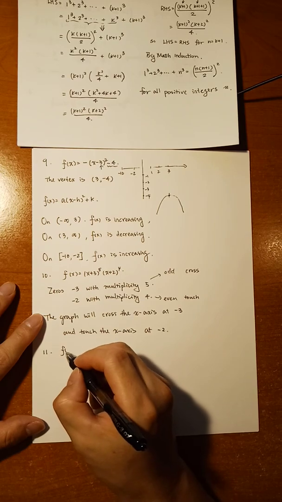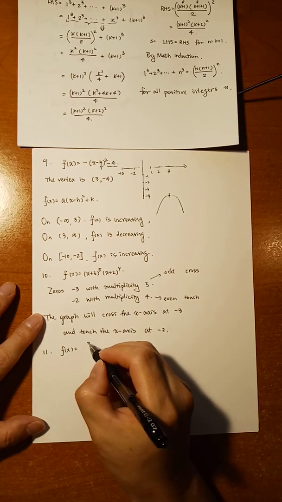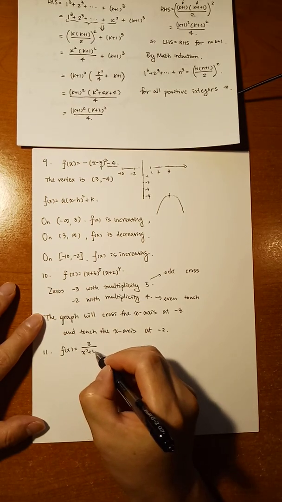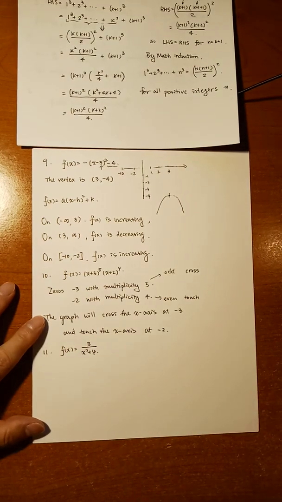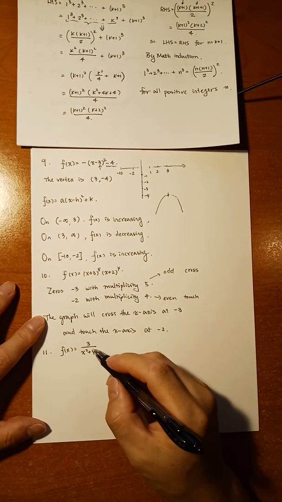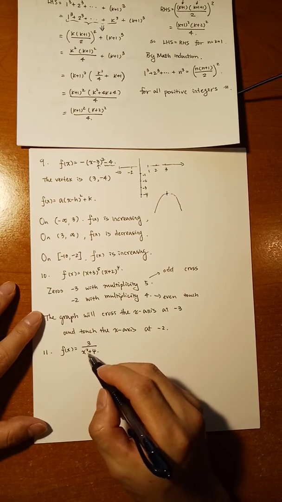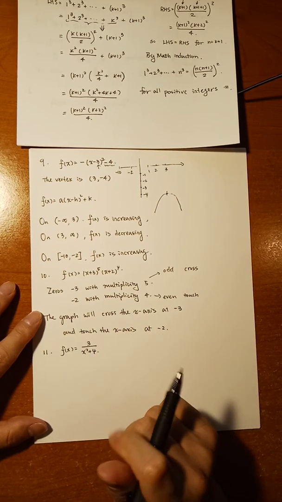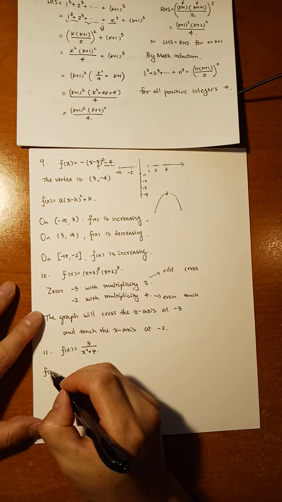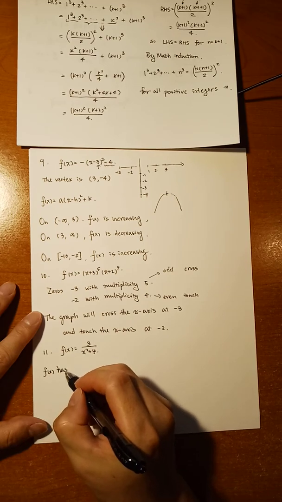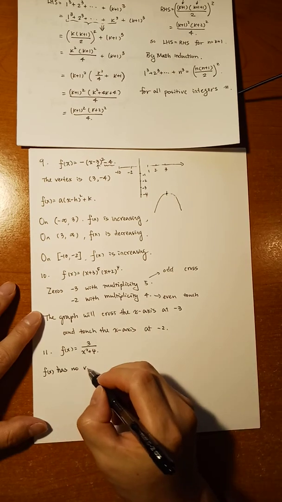Problem 11, f(x) is 3 over x squared plus 4. First of all, you have to realize x squared plus 4 is never equal to 0. So f(x) has no vertical asymptote.